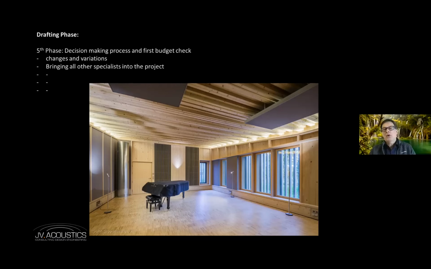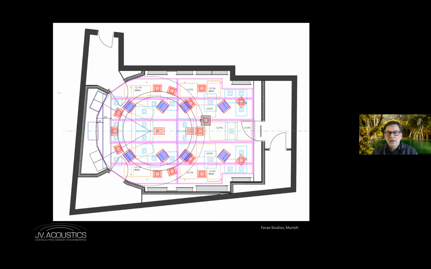So the next thing, this is the end, more or less. I just want to go through and show you a few pictures. The next step would be to involve specialists in the project, like air conditioning and so on. Here, for example, we had a structural engineer involved for a diffuser ceiling, because this is a 100% wooden build. Here you see the problem with immersive audio.